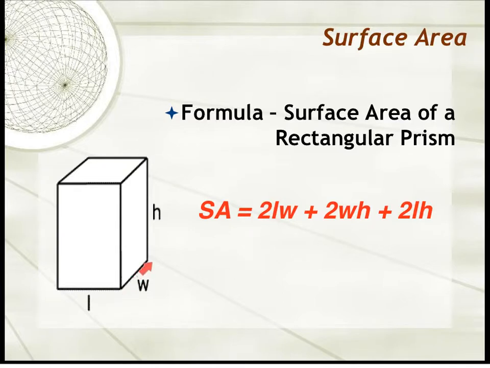Width times our height, and again we have 2 of those. And then length times our height, and again we have 2 of those as well. Putting this all together and adding those gives us the surface area for the prism that we're working with.